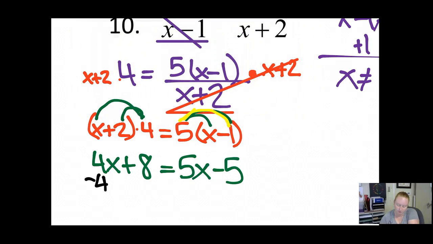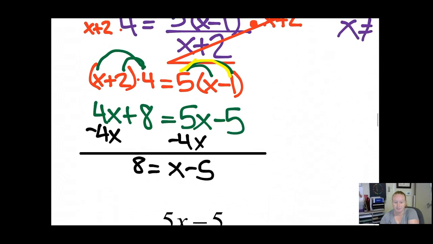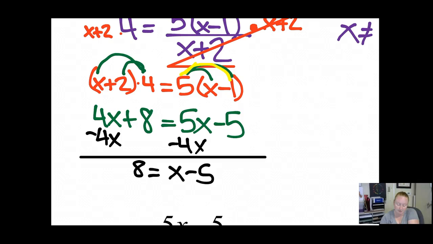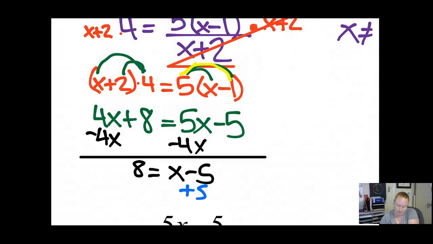So I'm going to subtract 4 from both sides because I'm trying to get my x's together. So I get 8 equals x minus 5. I'm still going. Okay, I'm going to add 5 to both sides, and I'll get 13 equals x.